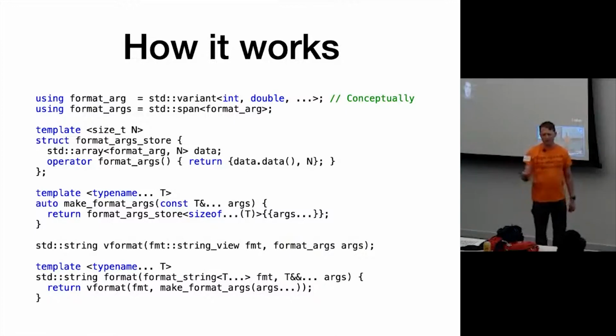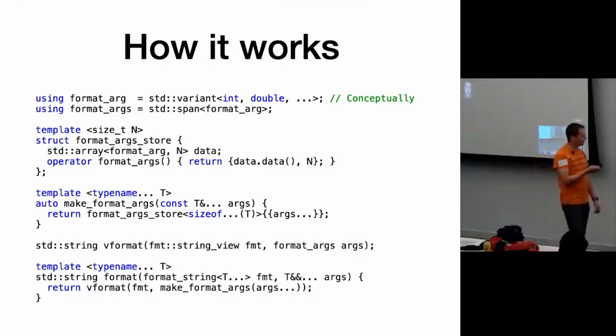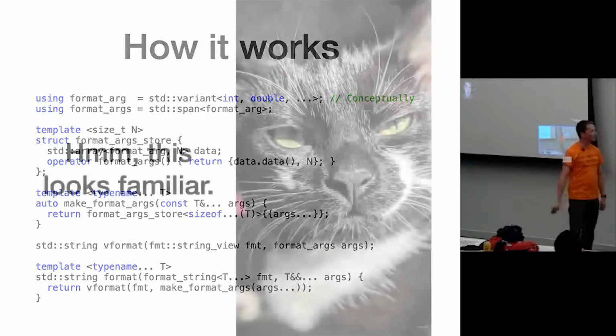It's kind of similar to std::any, and other cases where we have type erasure. I don't have time to go into detail, but basically it's a function pointer that knows how to format, and a pointer to the object, and the function knows how to format the object.